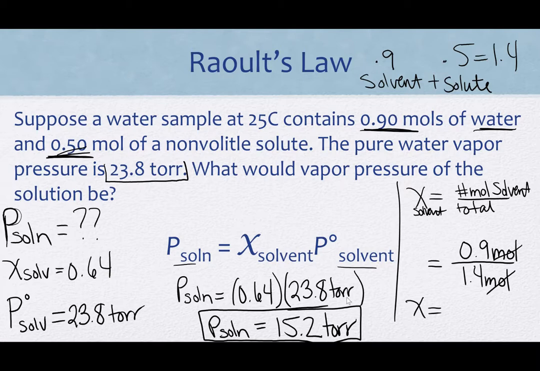So when I add the solute to this solution, the pressure should go down. So it was 23.8. It is now 15.2. That's a thumbs up. The pressure did in fact go down. That makes sense. Okay. So that is an example of Raoult's law, and that is an example of vapor pressure lowering.